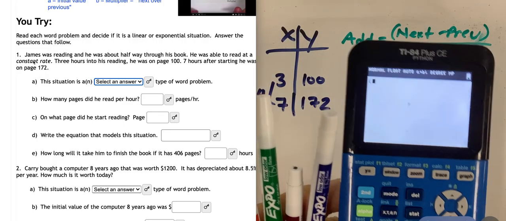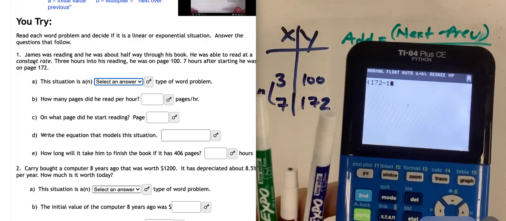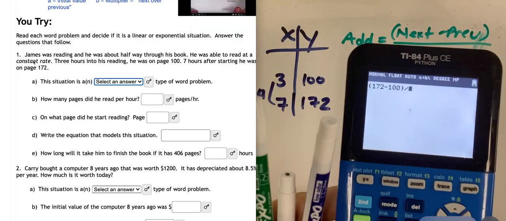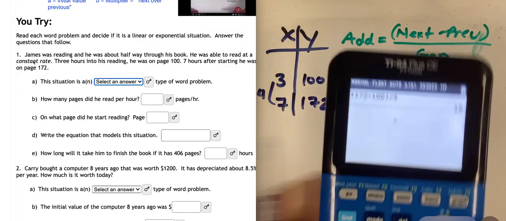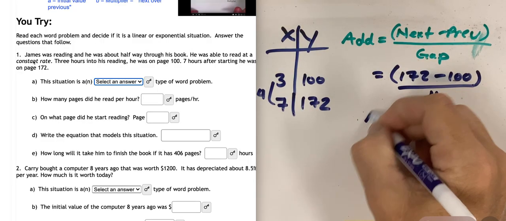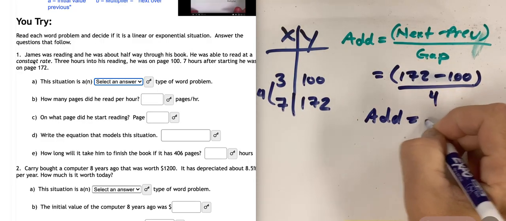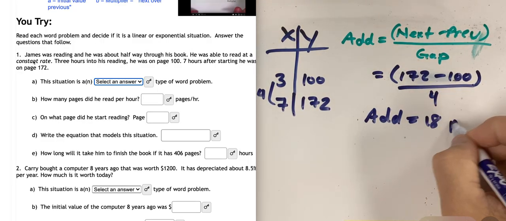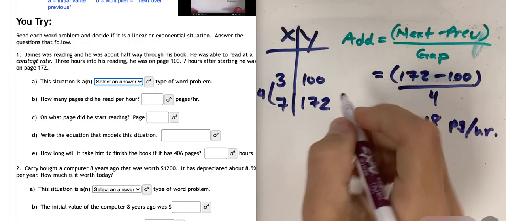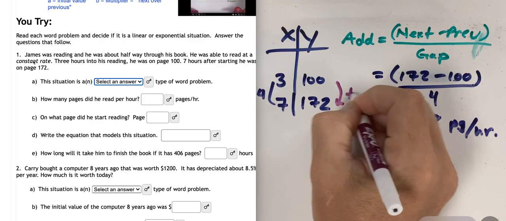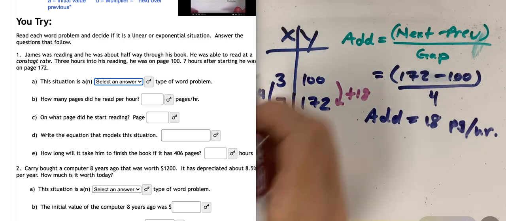So go parentheses, 172 minus 100, close the parentheses, divided by 4. He is reading at a rate of 18 pages per hour. So that means the adding amount equals 18 pages per hour. With that in mind, as you go down this table building it, it's adding 18. Well, we also need to figure out what he started at.